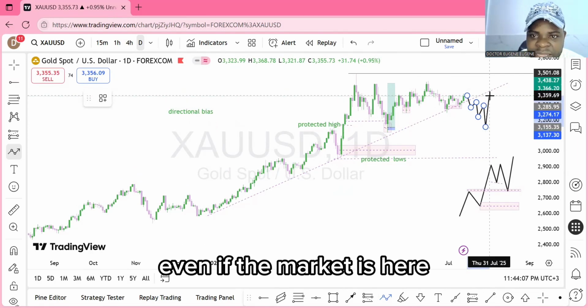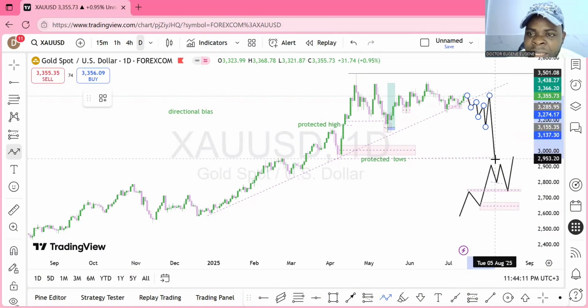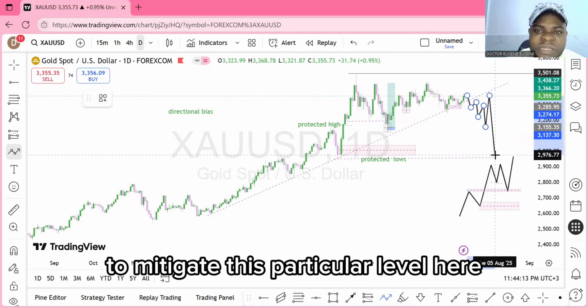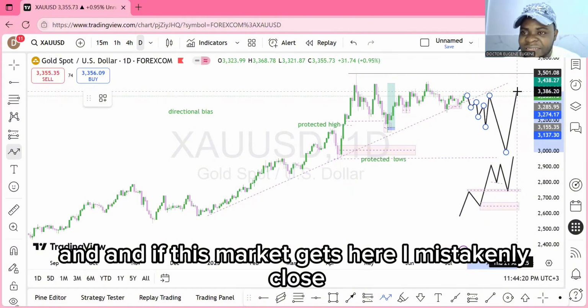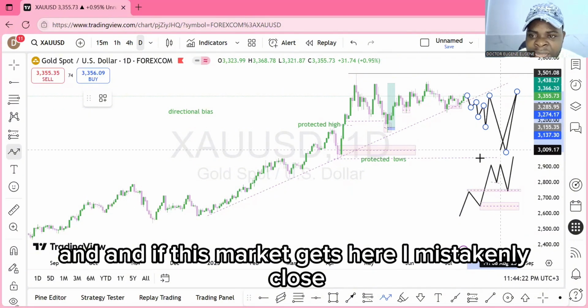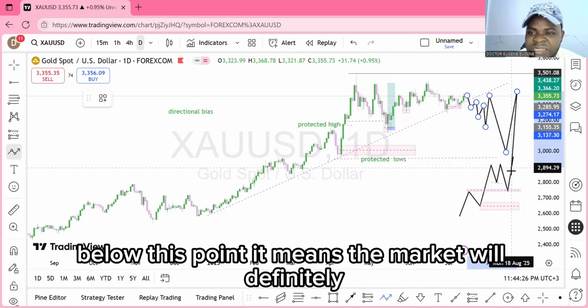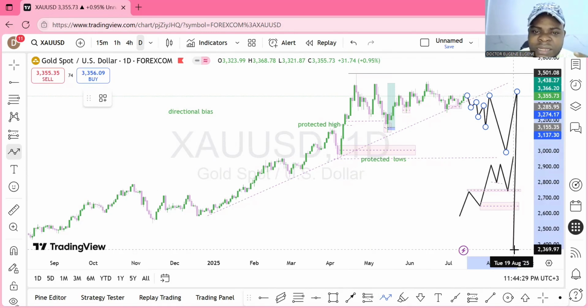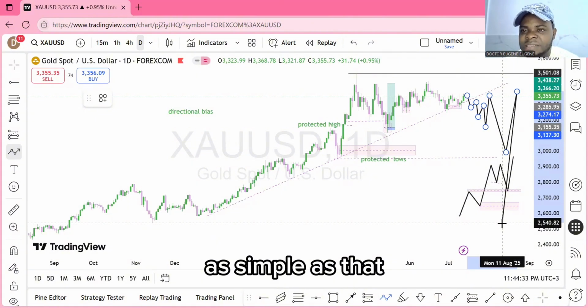Even if the market is here, I'm not buying, because this market will definitely draw back to this point to mitigate this particular level here before pushing to the main direction. And if this market gets here and mistakenly closes below this point, it means the market will definitely reach this particular point here. As simple as that.